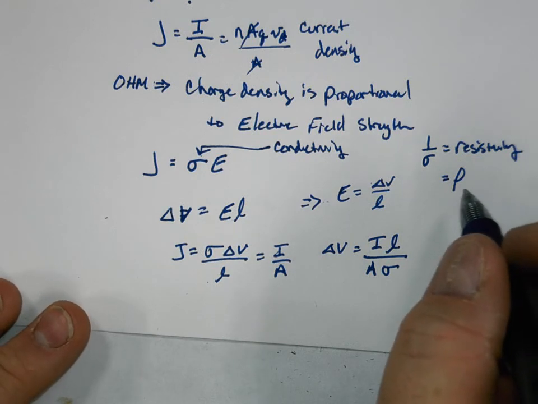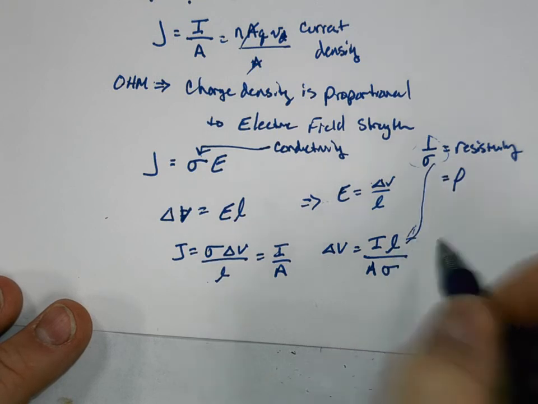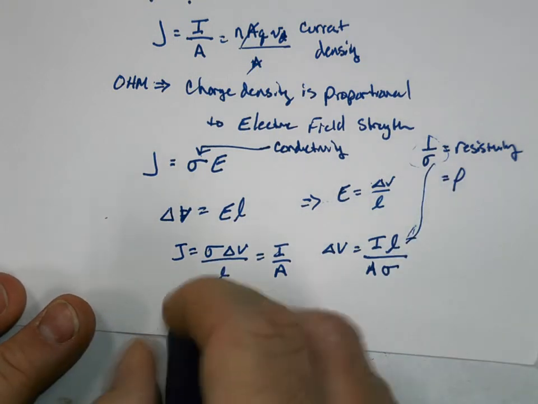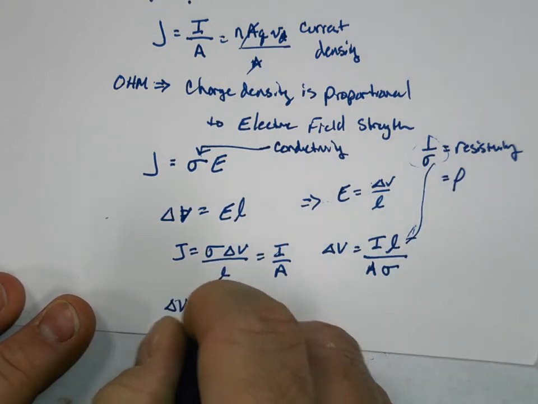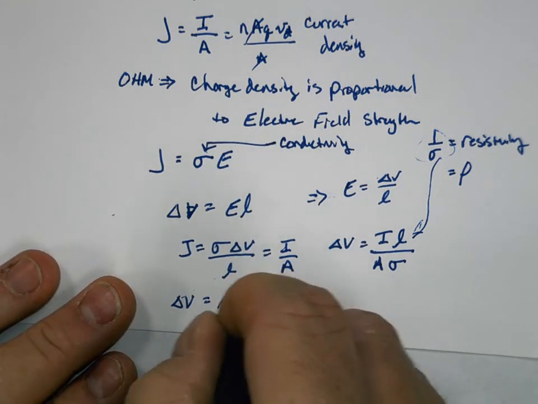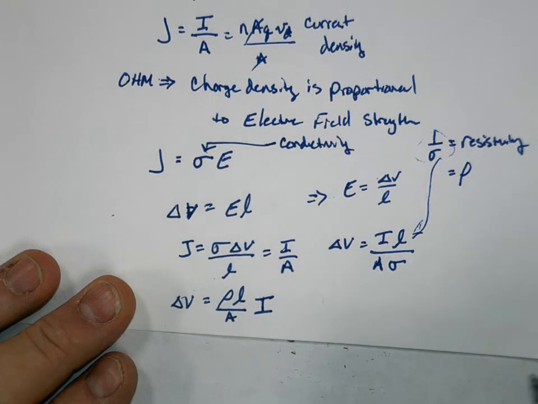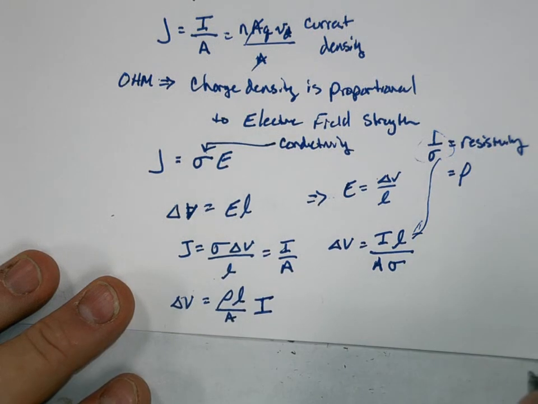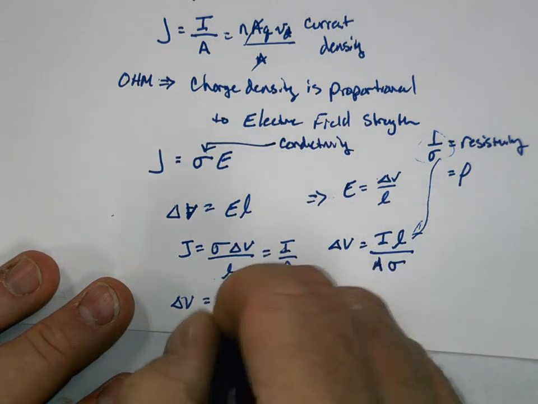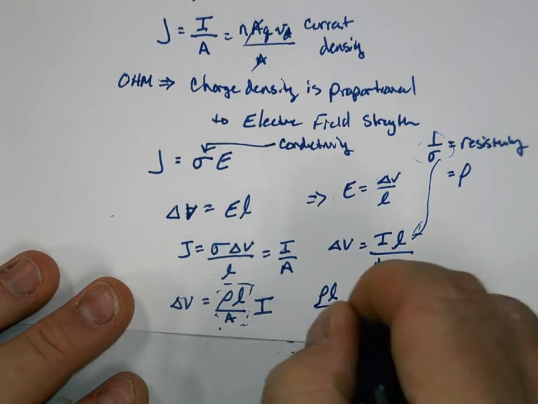Because of this, that's going to plug in here, and this becomes our voltage equals rho times the length over the area times the current. This value right here, rho L over A, is called our resistance.